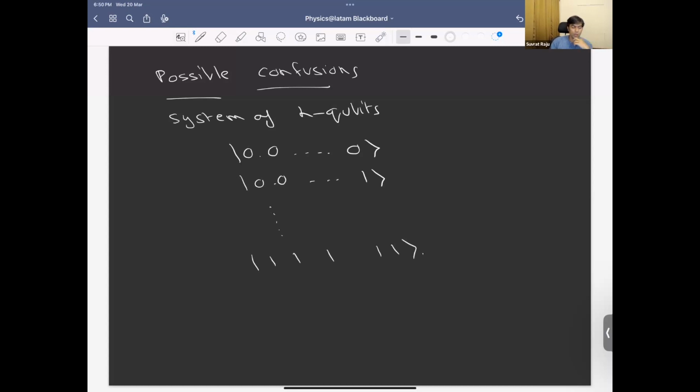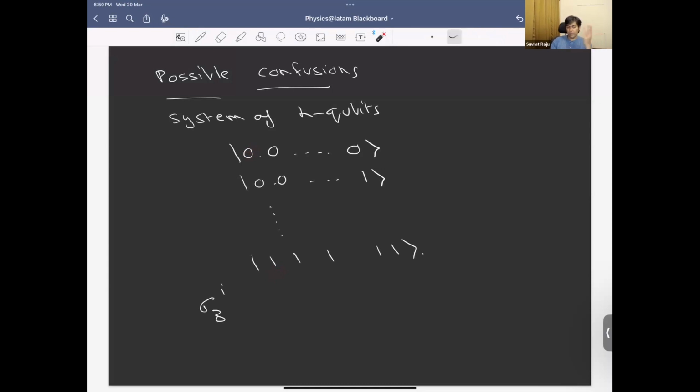Okay. Now you might say, let me look at sigma z I. Clearly, all these states are very different, right? All these states are eigenstates of sigma z I. If I measure sigma z1 for the first state, I get 0. For the last state, I get 1. This is obviously different from a mixed state.